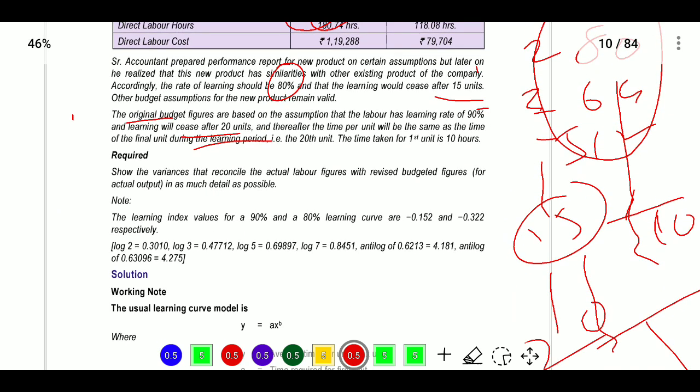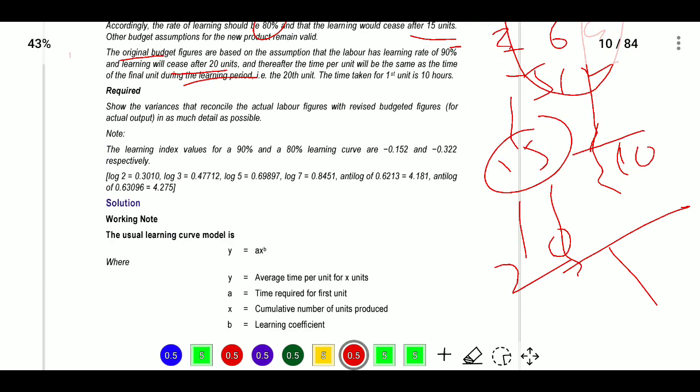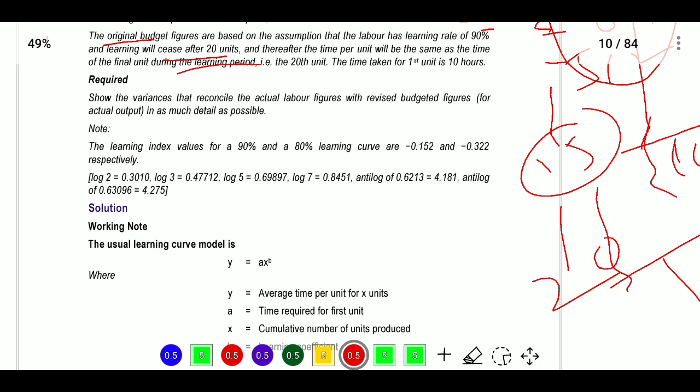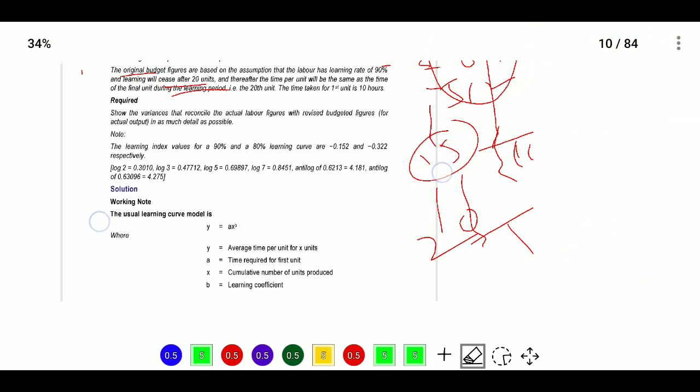Next, they ask us to show the variances that reconcile the actual labor figures with the revised budget figures for actual output, in as much detail as possible. The learning index values for the 90% and 80% learning curves are minus 0.152 and minus 0.322, and here we will calculate.